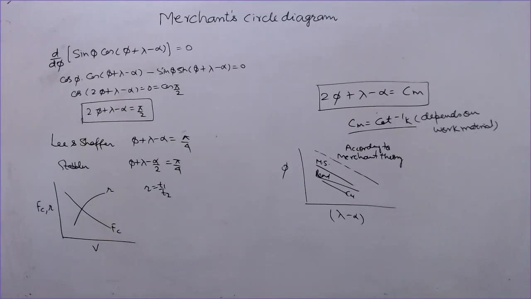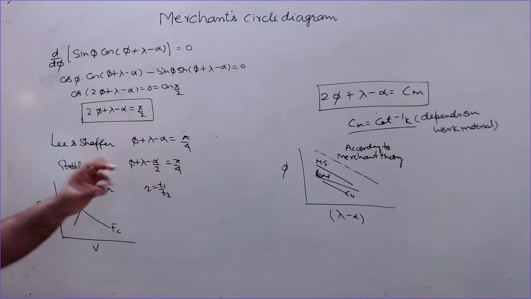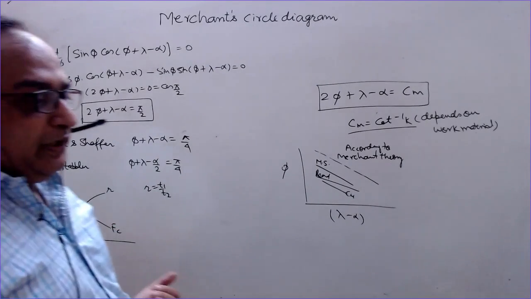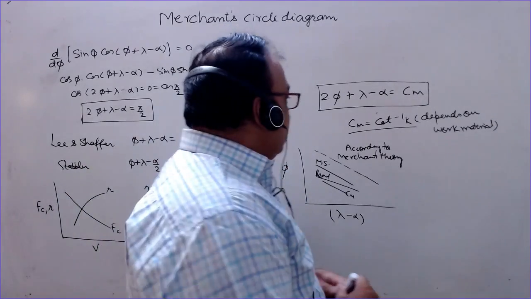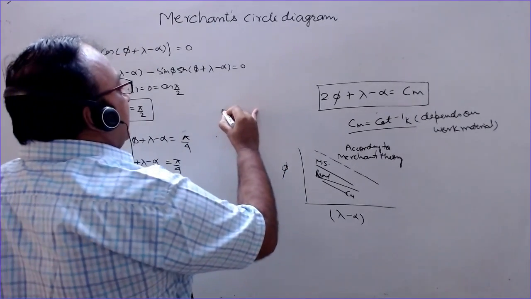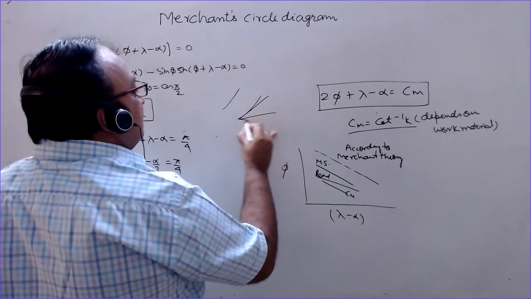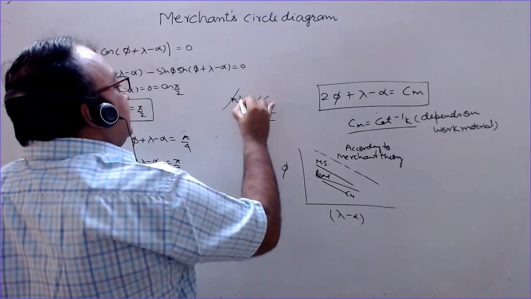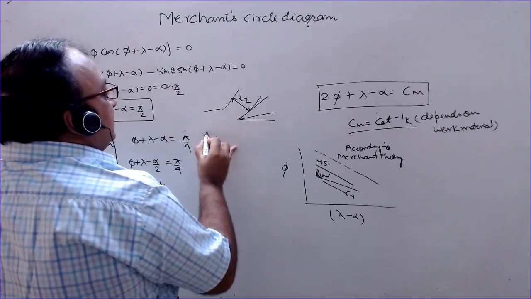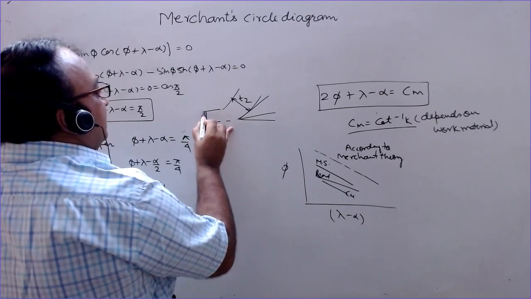As you increase the speed, the chip thickness t2 will decrease, because if you increase the speed, you have to machine a finer mass having less thickness. So this thickness is t2 and this thickness is t1.